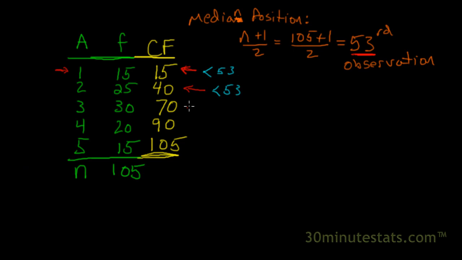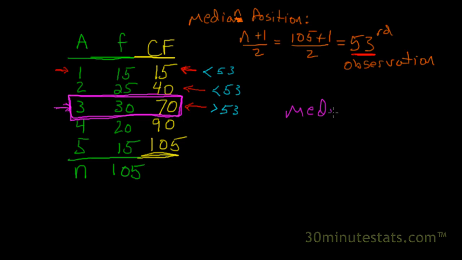And then when we look at the third category, we say, aha! This cumulative frequency is greater than 53. And so what this means then is that the median value, or the observation that is the median value, the 50th percentile, the middle value in this distribution, is going to be a 3.